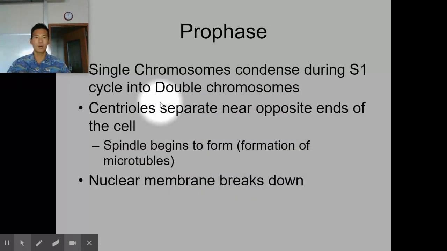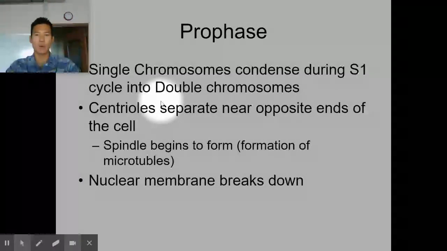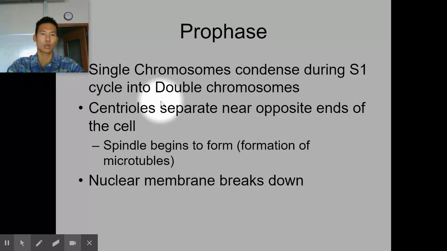First, prophase. The main distinguishing characteristic is always what happens to the DNA. Because they've been packaged neatly in the shape of a bar or an X, they are called chromosomes.